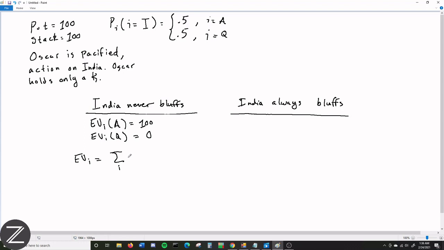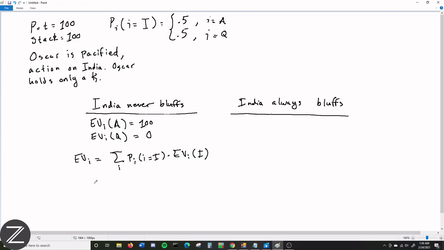So we're going to multiply the mass function by the expectation for the given holding.